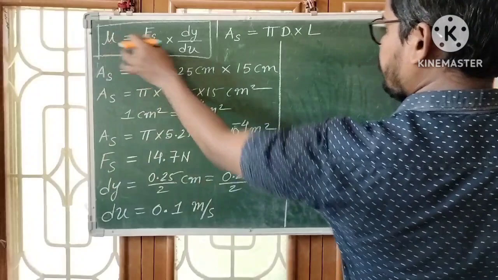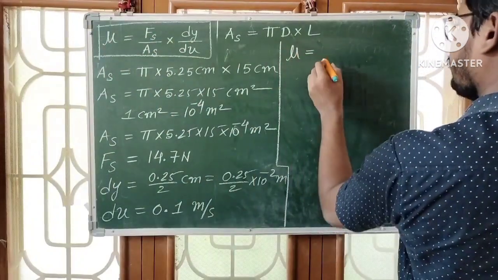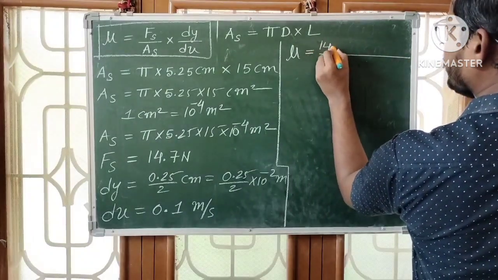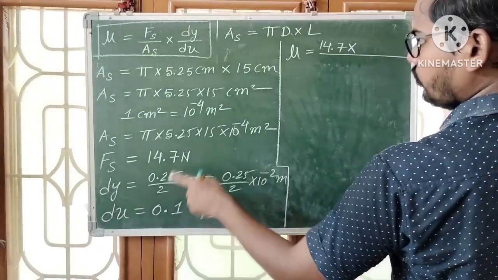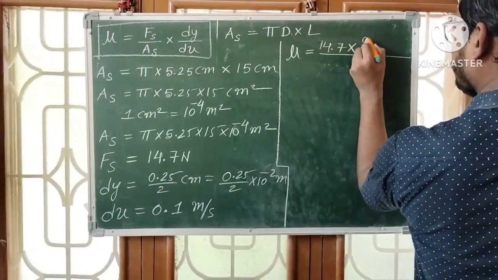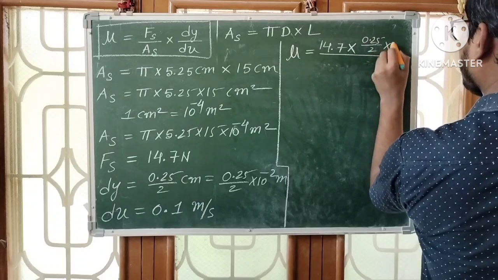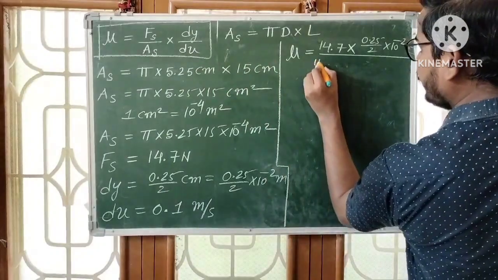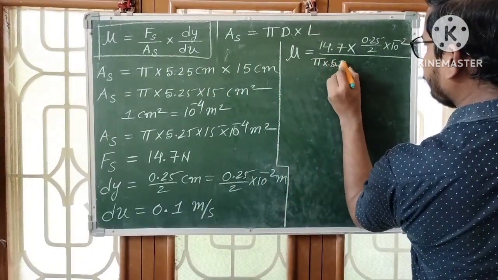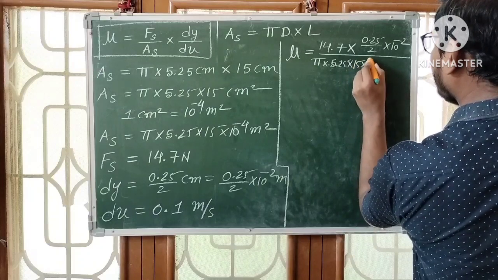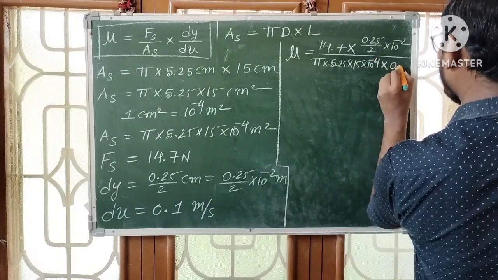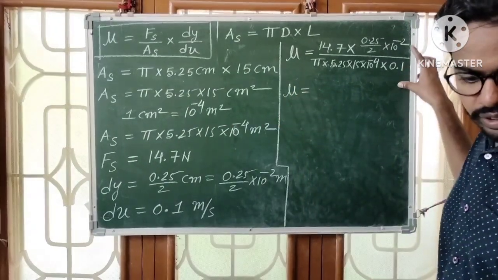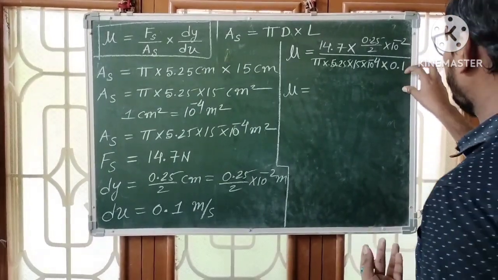Let us substitute all values in this formula to get the dynamic viscosity of the oil. Mu is equal to Fs 14.7 newtons into dy, the thickness of oil film, 0.25 by 2 into 10 to the power of minus 2, divided by As, pi into 5.25 into 15 into 10 to the power of minus 4, into du 0.1. Let us simplify the numerator and denominator separately.